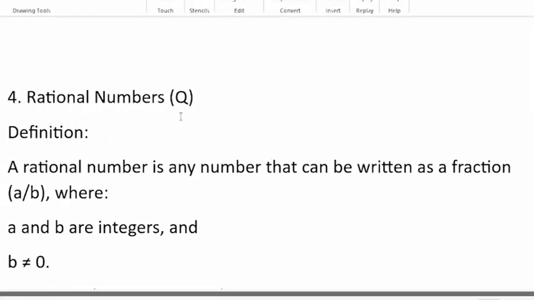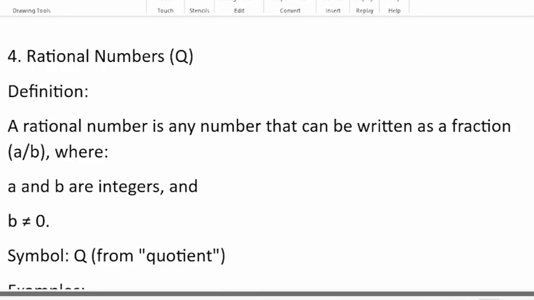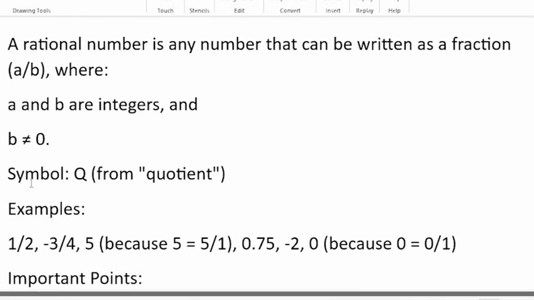The fourth type of number is the rational number. What is the definition of a rational number? A rational number is any number that can be written as a fraction a over b, where a and b are integers and b is not equal to 0.